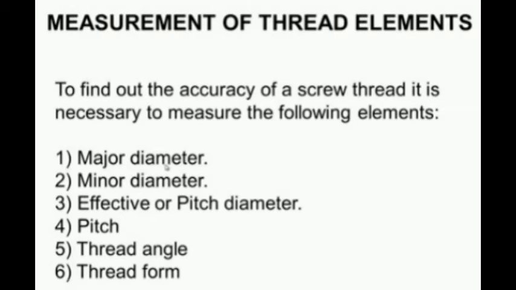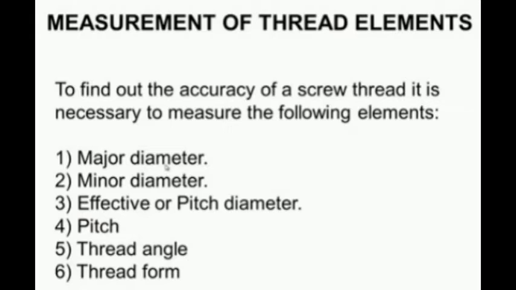Now let us move to the measurement of thread elements. In order to find the accuracy of a screw thread produced, it is necessary to measure various elements to check whether it is okay or not.